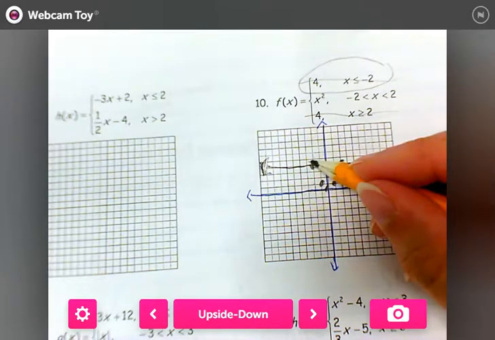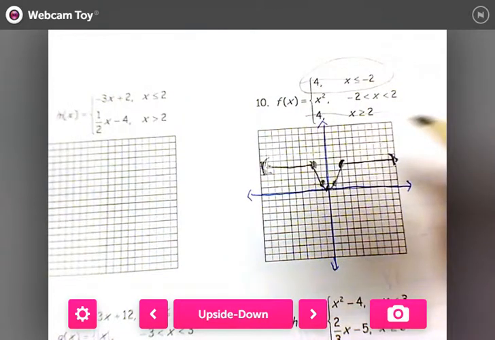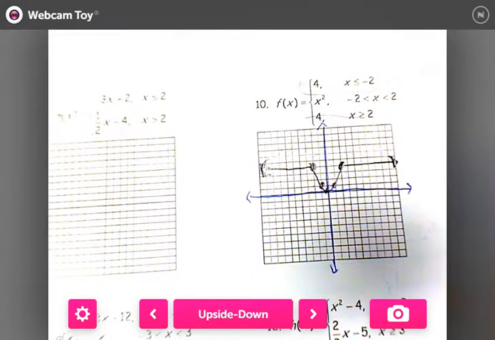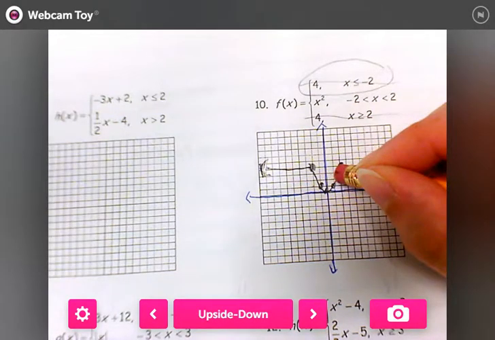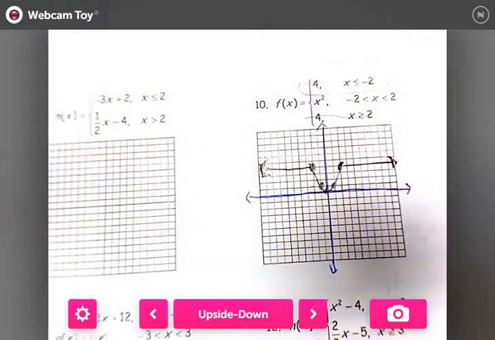So we end up with this right in the middle. Okay? And this should be dotted. So it should be like this.